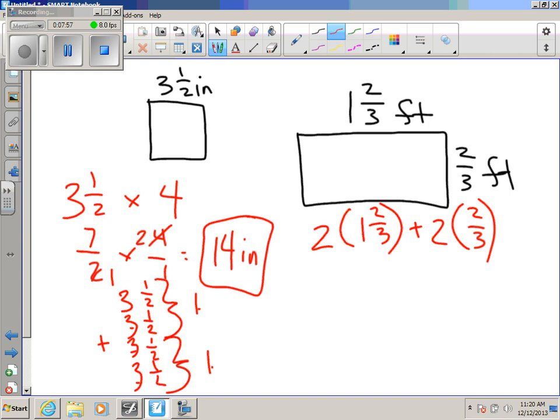Did you just add all sides? So you added these two? 2/3 plus 2/3. Okay. And then you added 1 2/3 and 1 2/3?